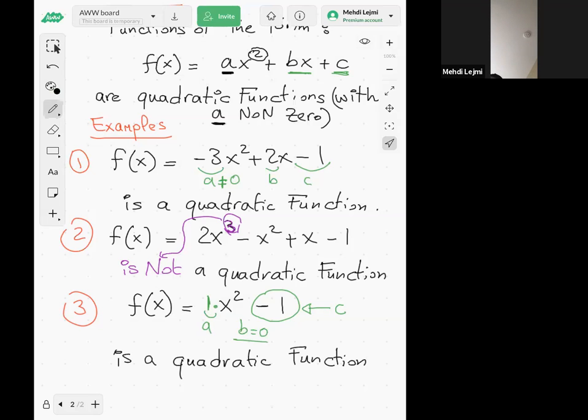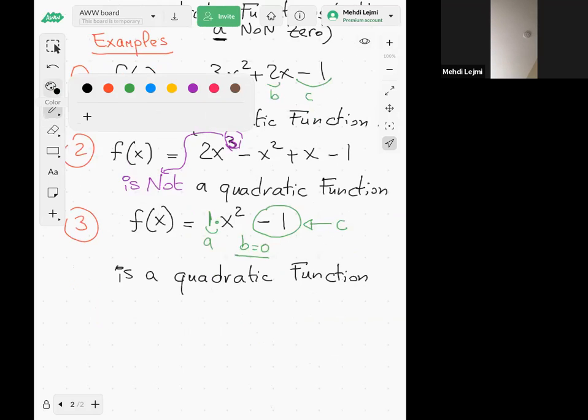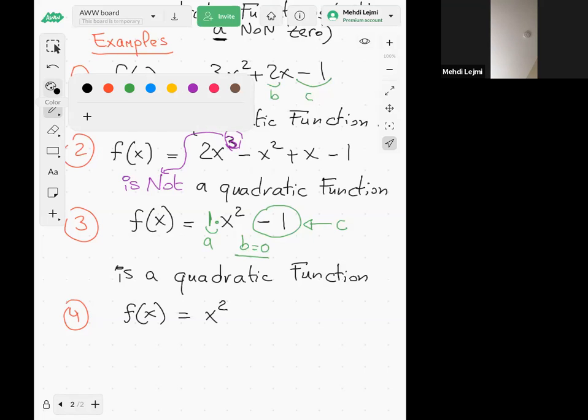If c is 0, again, it's not a problem. Another example would be, let's say, f of x equals just x squared. Let's just take our favorite function. So what would be a? As we are supposed to have ax squared, that's again 1, since this is 1 times x squared. There's no x, so it's just 0x, so your b is 0.